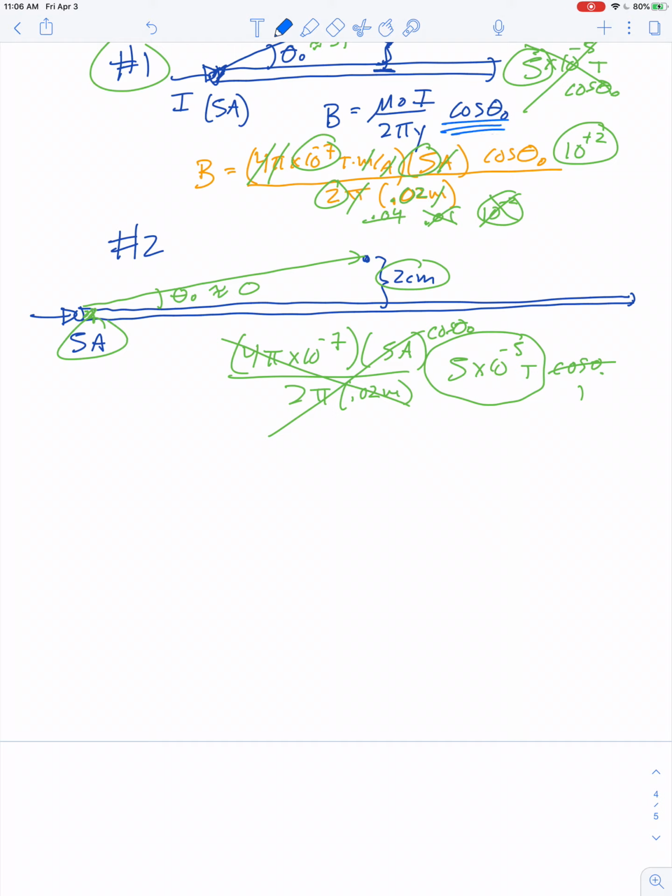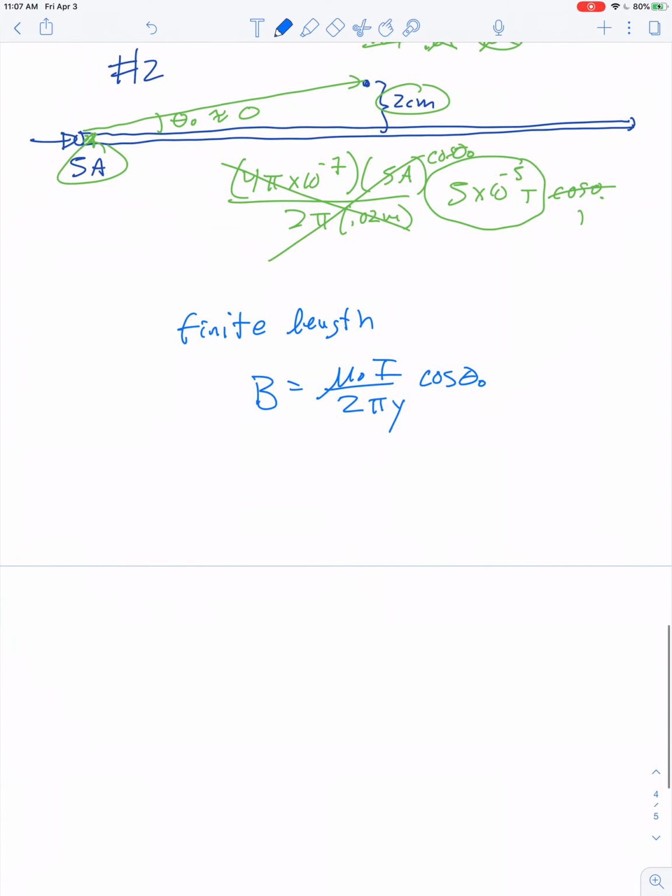So in general, for a finite length of wire, we say B equals mu naught I over 2 pi y times cosine of theta naught. But if it's very long, or I don't know if it's fair to imagine an infinite wire if there's no such thing, but you get the idea.